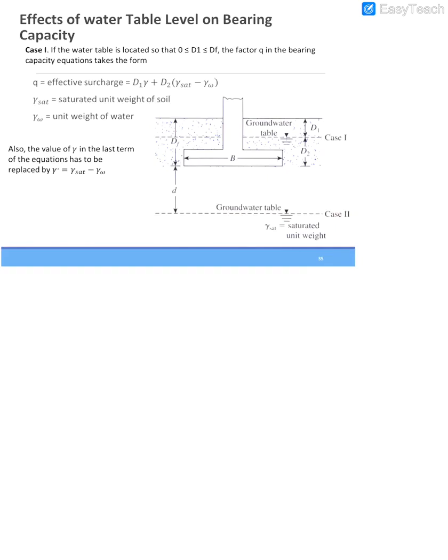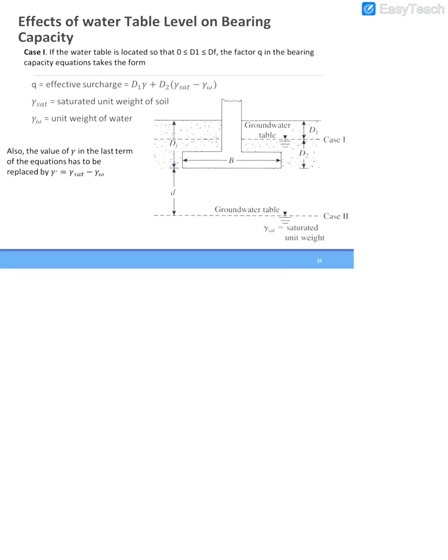So you have to know what the parameter stands for. I want to explain the parameters that we use in the bearing capacity equation.